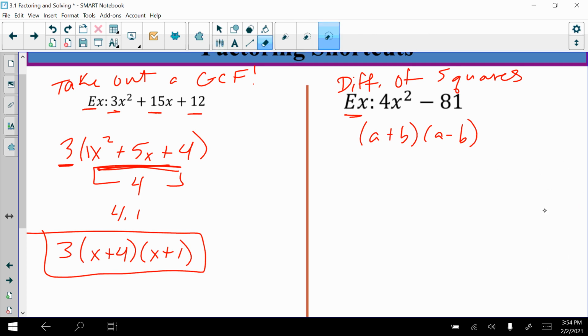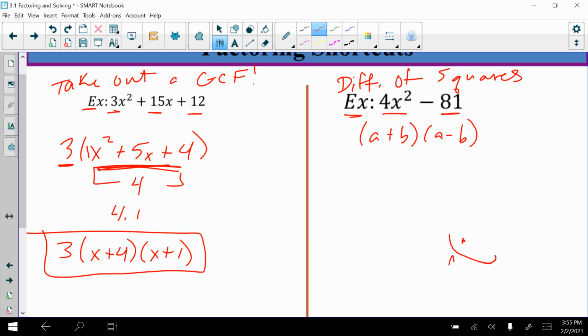And in order to do that, I need to notice that both of these terms are made up of perfect square numbers, meaning they have clear square roots. They have even square roots. Right? So I'm going to ask myself, what are the square roots of these 2 terms? How can I rewrite 4x squared as something being squared?